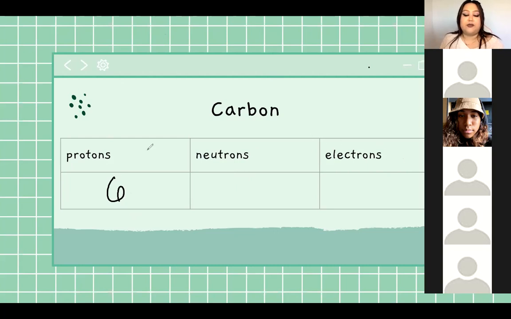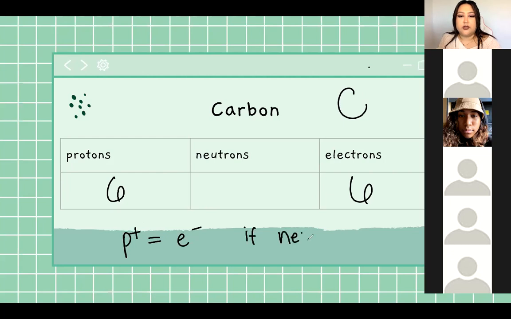And then how about the number of electrons? 6 as well. And we know that because carbon by itself is neutral, there's no charge. So if there's no charge, the number of electrons is equal to the number of protons if the element is neutral.